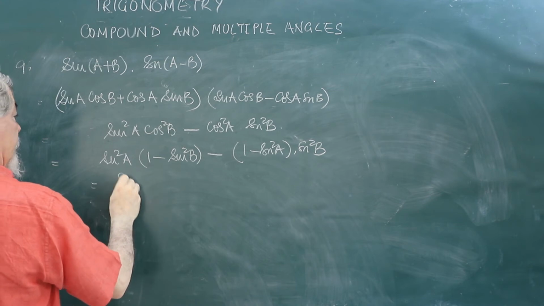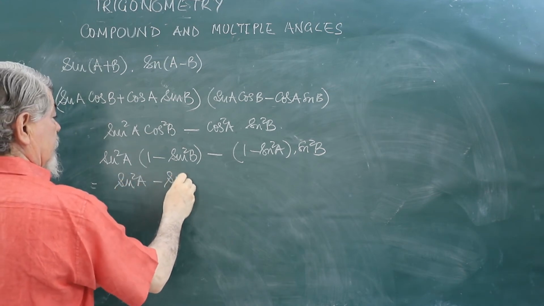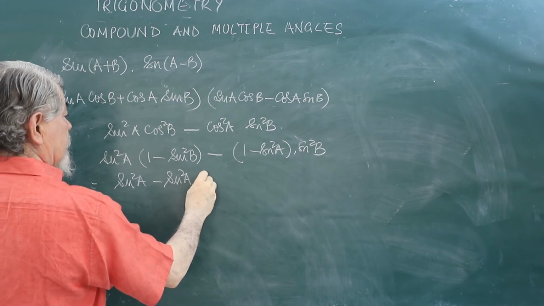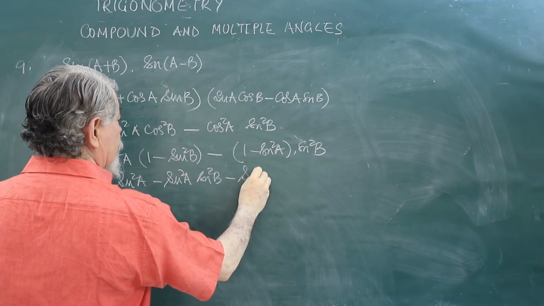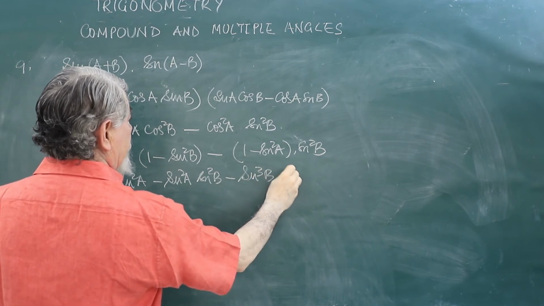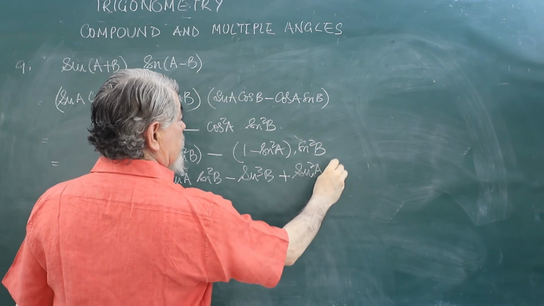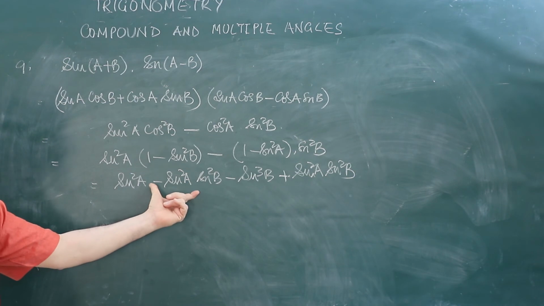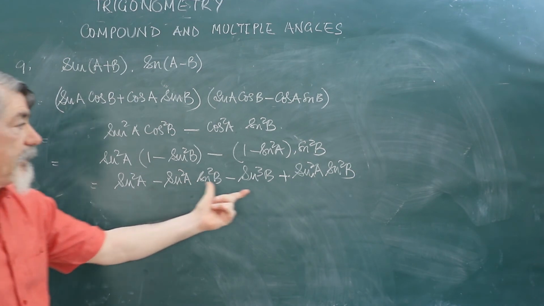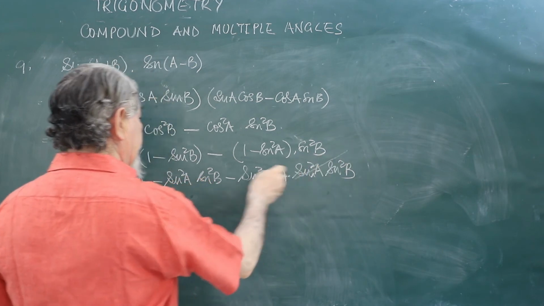What will you get? Sin square a (1 minus sin square b) minus (1 minus sin square a) sin square b. Let us see what we get: sin square a minus sin square a sin square b minus sin square b plus sin square a sin square b. The minus sin square a sin square b and the plus sin square a sin square b cancel.